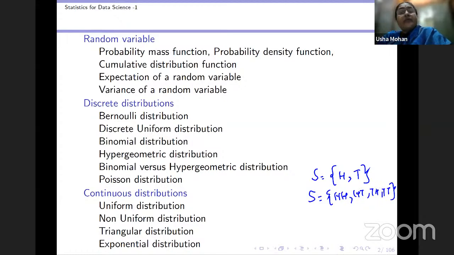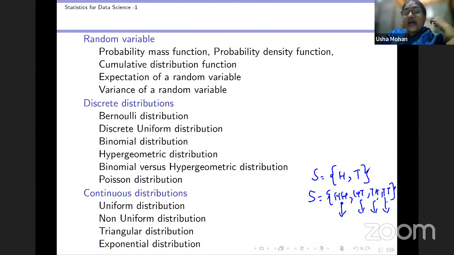Now, many a time I might not be interested in knowing what the outcome is, but I want to know whether I can map each of these outcomes to a number. What do I mean by that? Is it possible for me to map this outcome to a number, this outcome to a number? I'm not interested in the outcome per se, but in a function of this outcome. Suppose I'm interested in the number of heads.